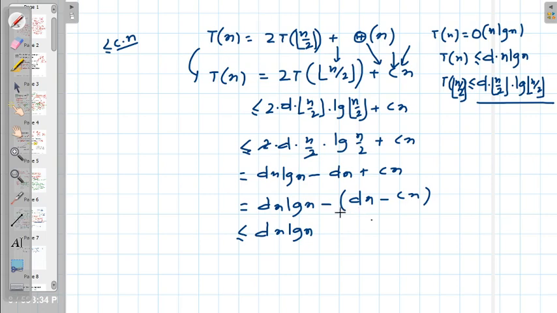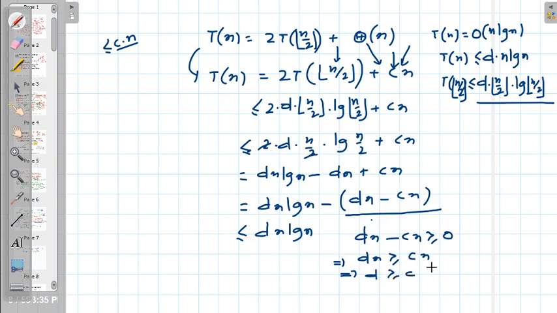that this quantity dn minus Cn is greater than or equal to 0. That means dn is greater than or equal to Cn, and dividing throughout by n, we are getting d greater than or equal to c.